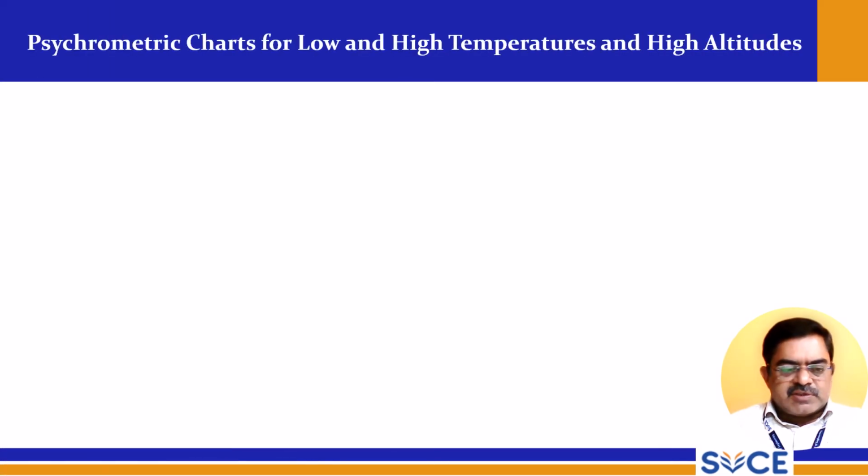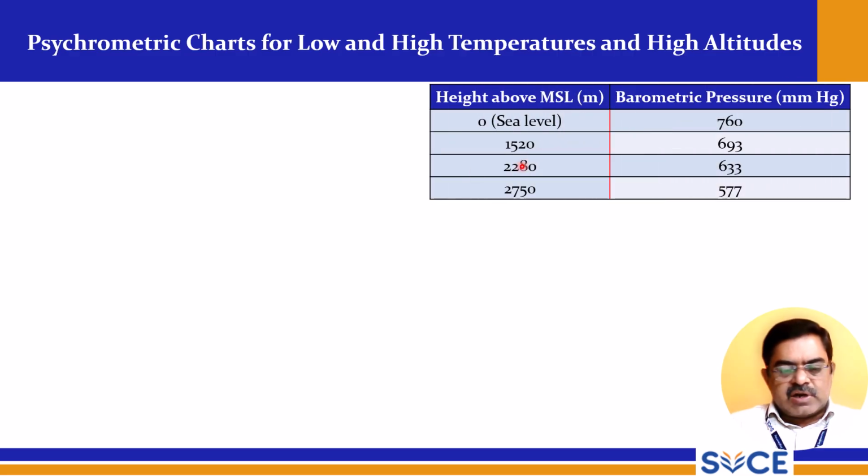So now we will see psychrometric charts for low and high temperatures and high altitudes. That is from sea level, and the height above MSL, the mean sea level, in terms of meters. So sea level is 0. Above that we have 1520, 2280 and 2750, and these are the examples we are taking.